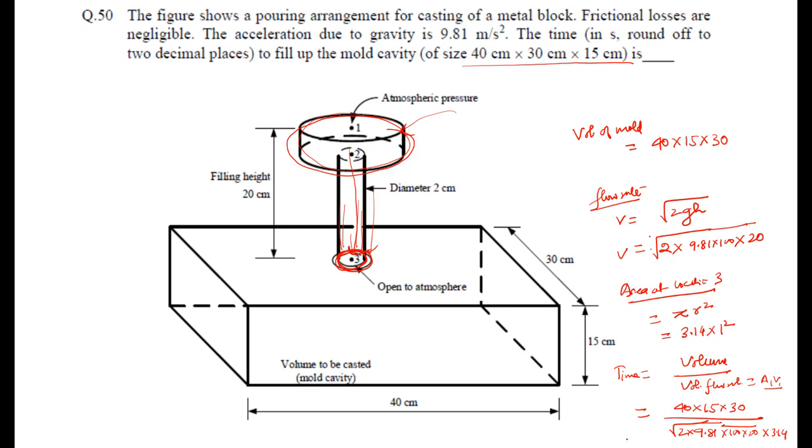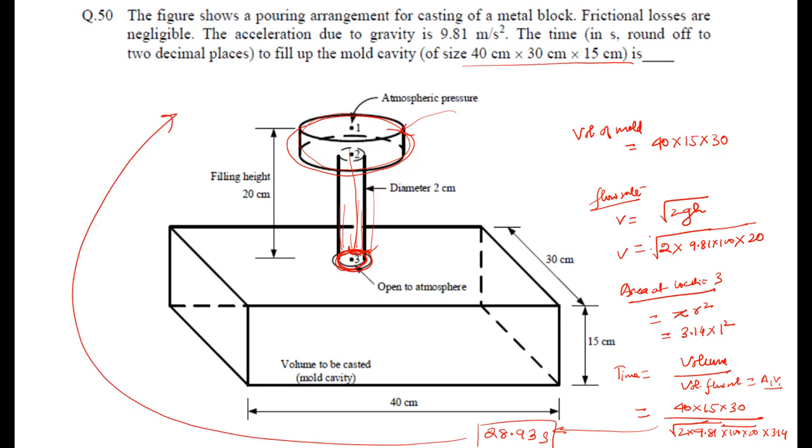Now let us calculate this one. So if you do the calculation, it will be 28.93. So this will be in second, right? So the correct answer here is 28.93 second.